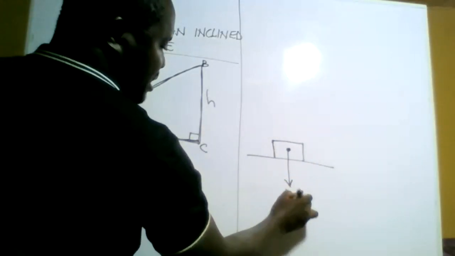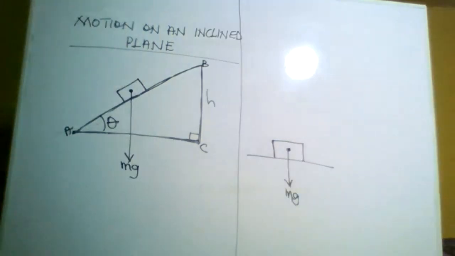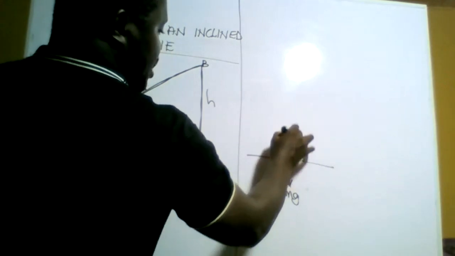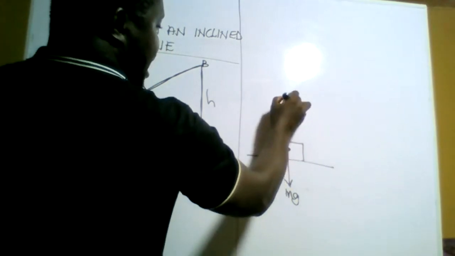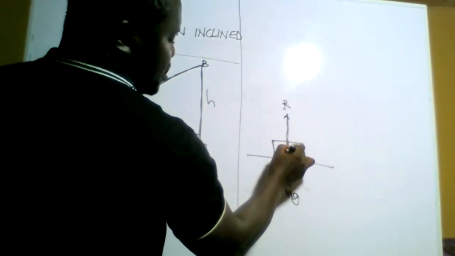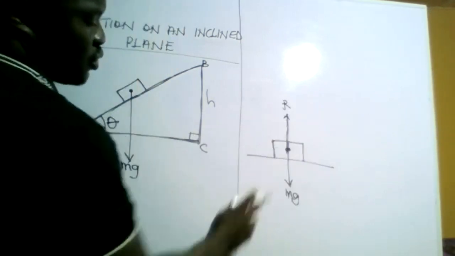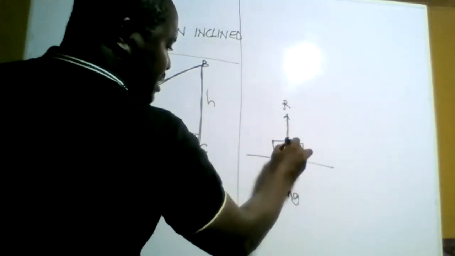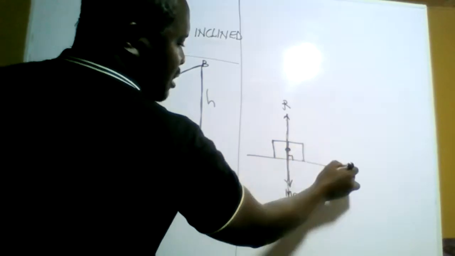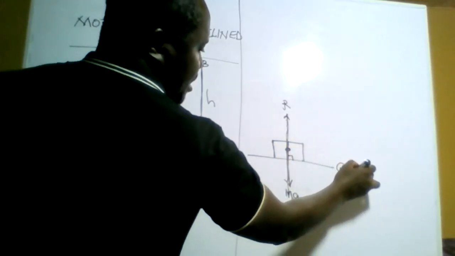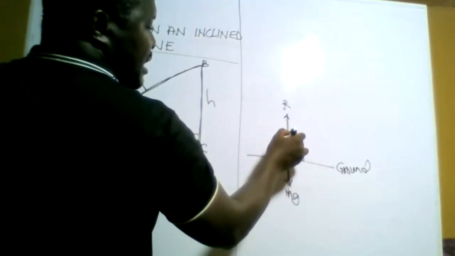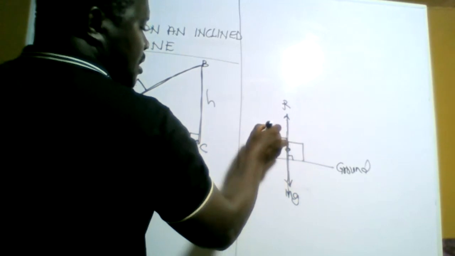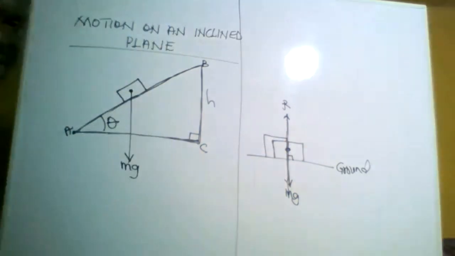So if this is mg, which is the weight, Newton is saying that forces move in pairs. There's also a reactional force R of the same magnitude, opposite in direction to the weight. And weight is always perpendicular to the ground. And the reactional force is also always perpendicular to the surface on which the body lies.